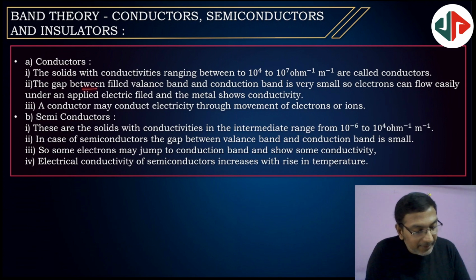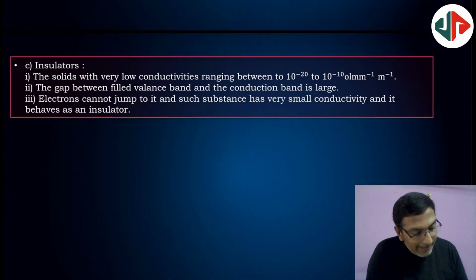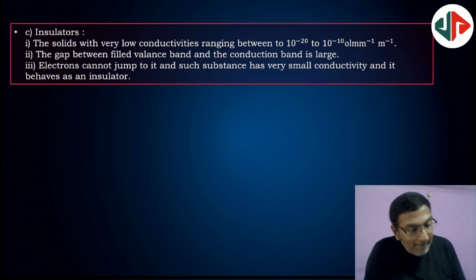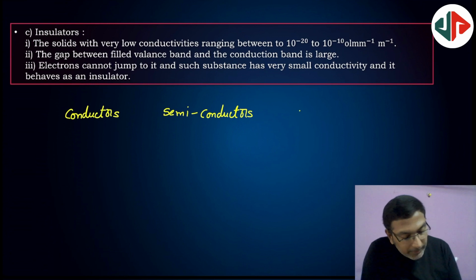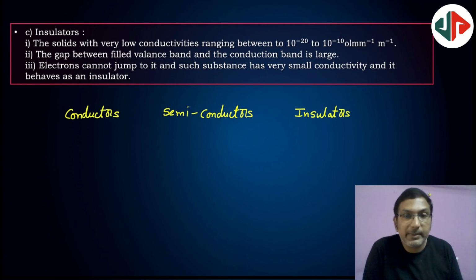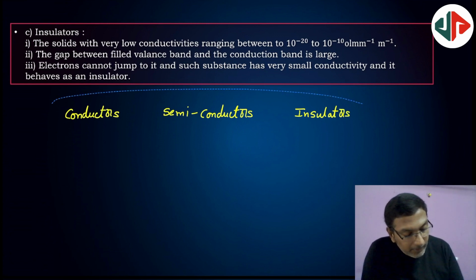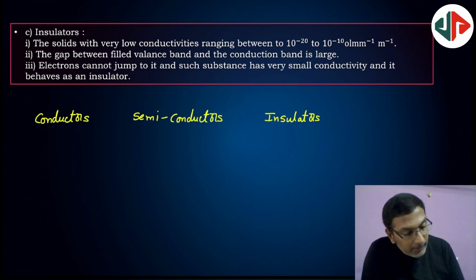Conductors, gap between filled valence band and the conduction band is very small. That means simply like this. You will write here: conductors, semiconductors, and insulators. So here two types of bands will be there. So gaps will be like this.